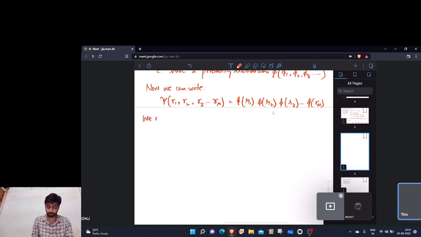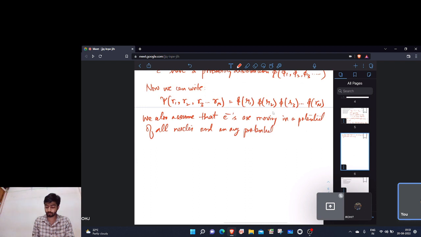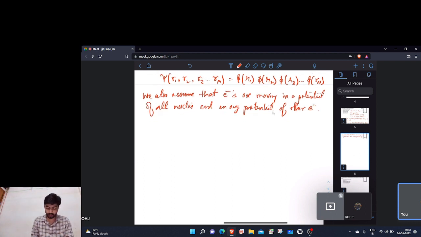We also assume that electrons are moving in a potential of all the nuclei and an average potential of the other electrons. Fine.